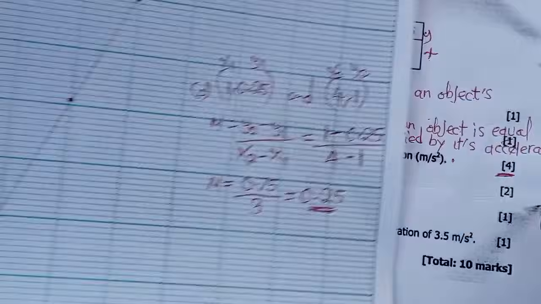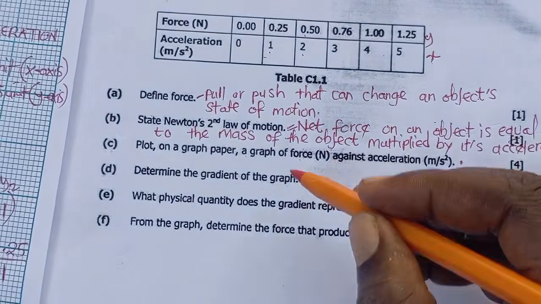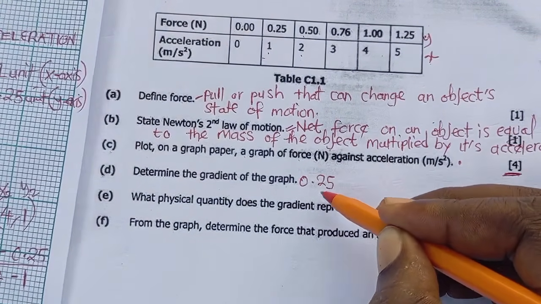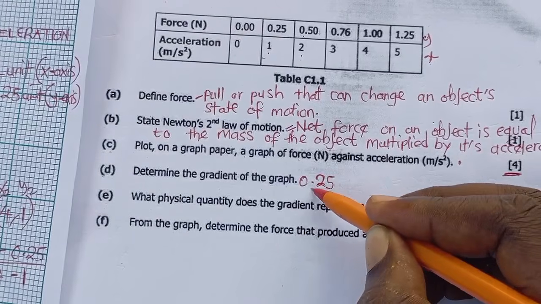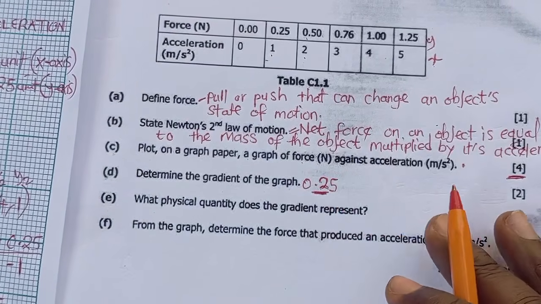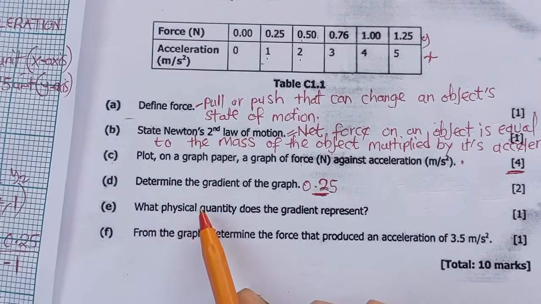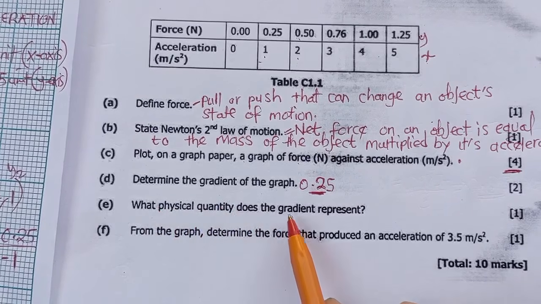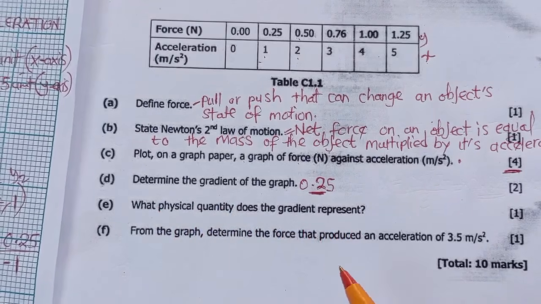Then we go and check the next question. We've answered this question. The gradient is 0.25. I've shown you how to answer it. We proceed to this one. What physical quantity does the gradient represent?